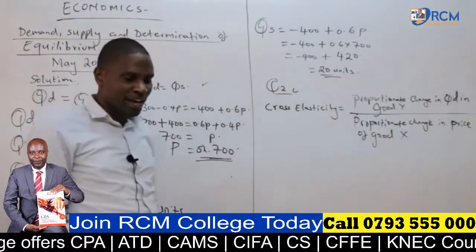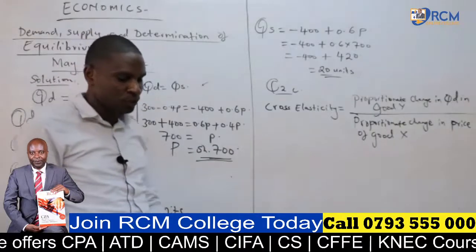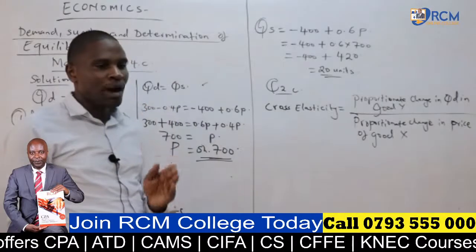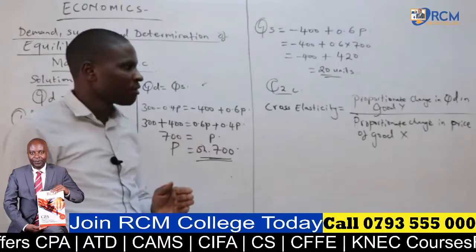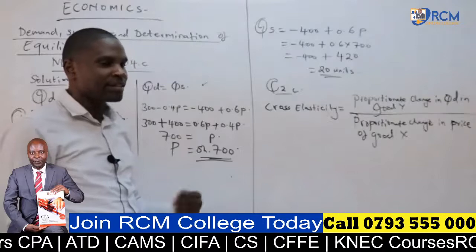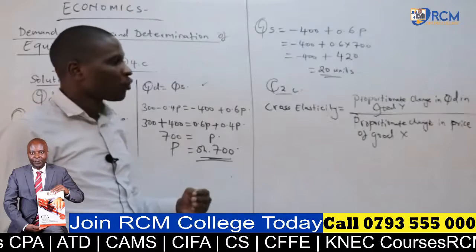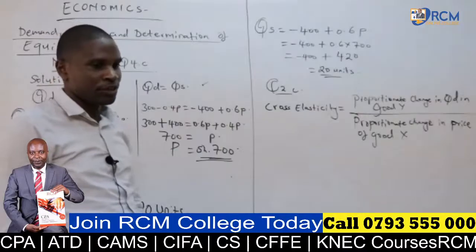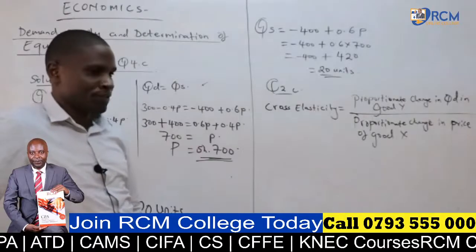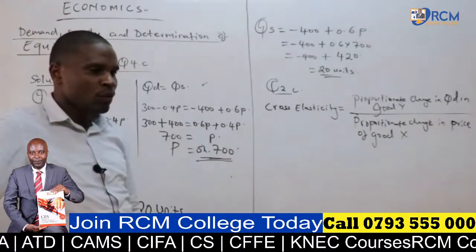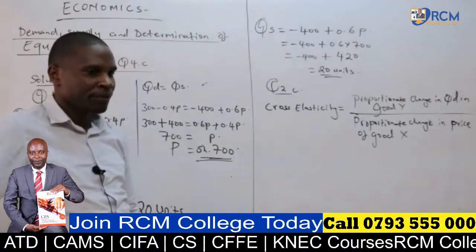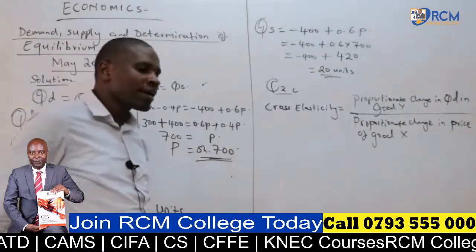If you look at that question very well, you can see that our prices and our quantity demanded, or the consumed quantity, have a certain pattern. For a proportionate change, whatever I had at the end, I subtract what I had at the beginning.